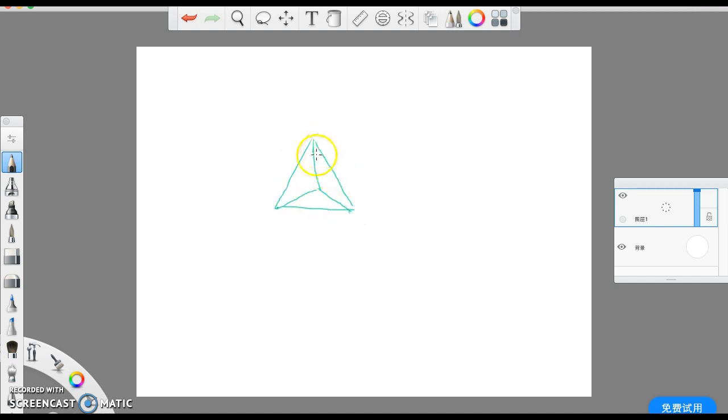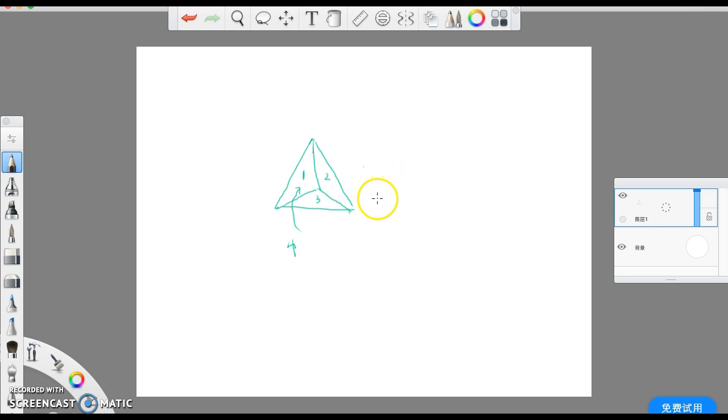We can see that there are four faces denoted by one, two, three, and four. Four is the surface bounded by these 3 points, right?